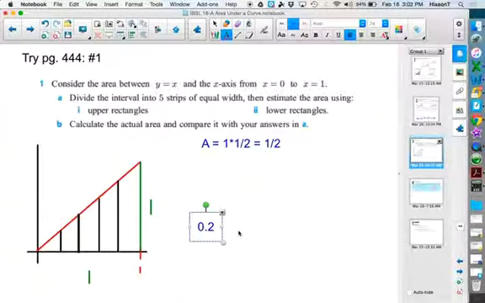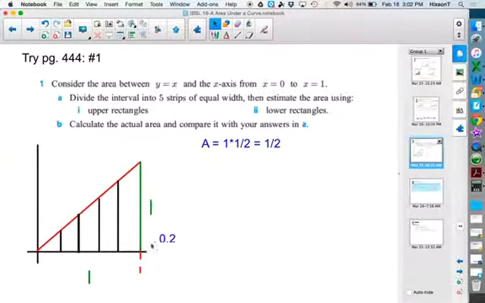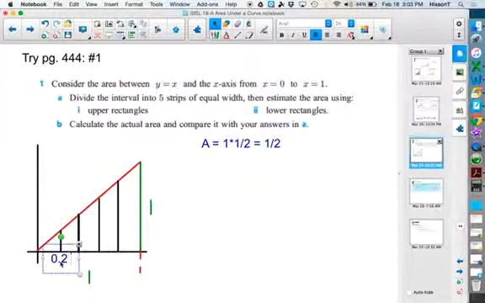We know they're 0.2 apart, which means that, what's the x-coordinate of the second one? Then 0.4, 0.6, 0.8, and then we're over here at 1.